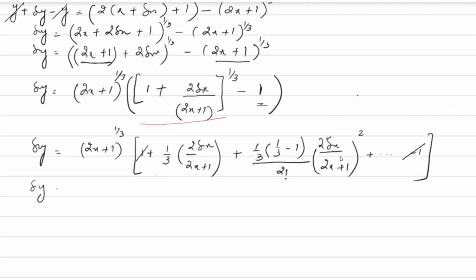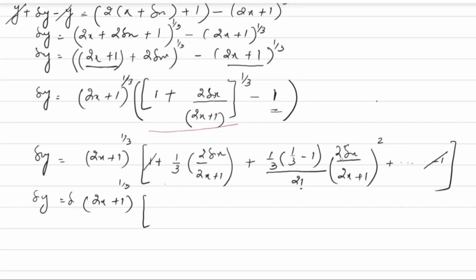Now delta y is equal to 2x plus 1 whole raised to the power 1 upon 3, and if we are going to take delta x common, so this delta x will be taken out, and this is square, so it means one delta x will be taken as common.